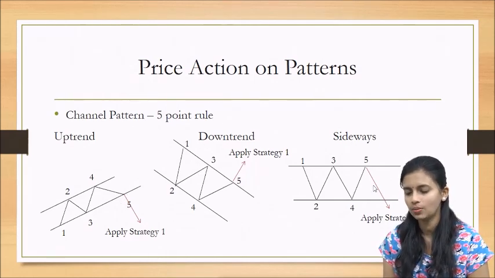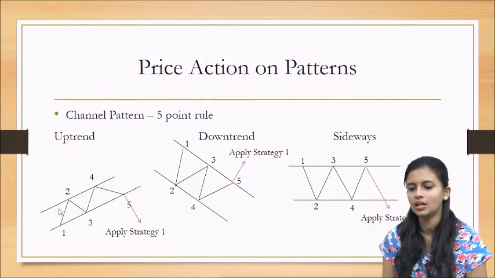If it is sideways, you have to see what type of reversal pattern is coming, bullish or bearish, and then apply this strategy. But it is better to avoid sideways, because the chances of stop loss hit are more in this case. So when it is an uptrend or downtrend channel pattern, you can apply strategy 1.